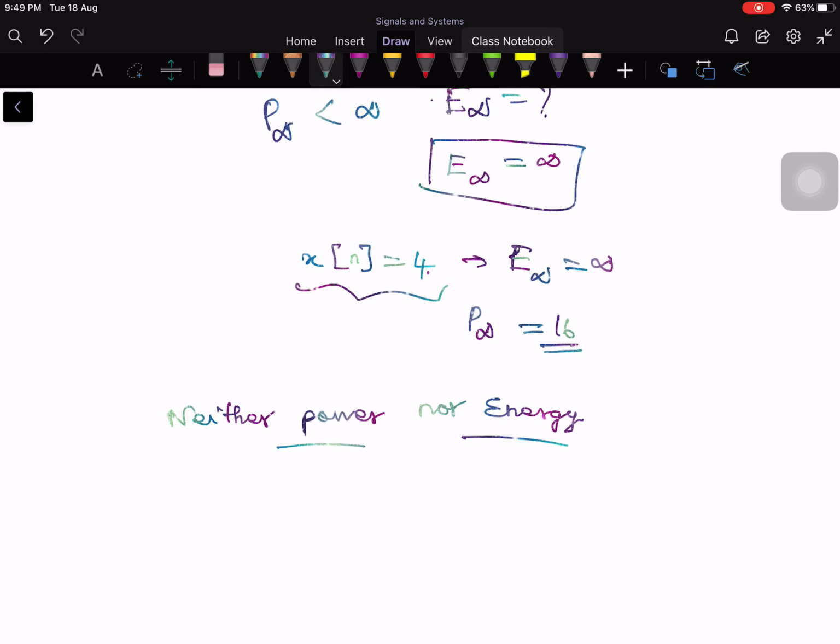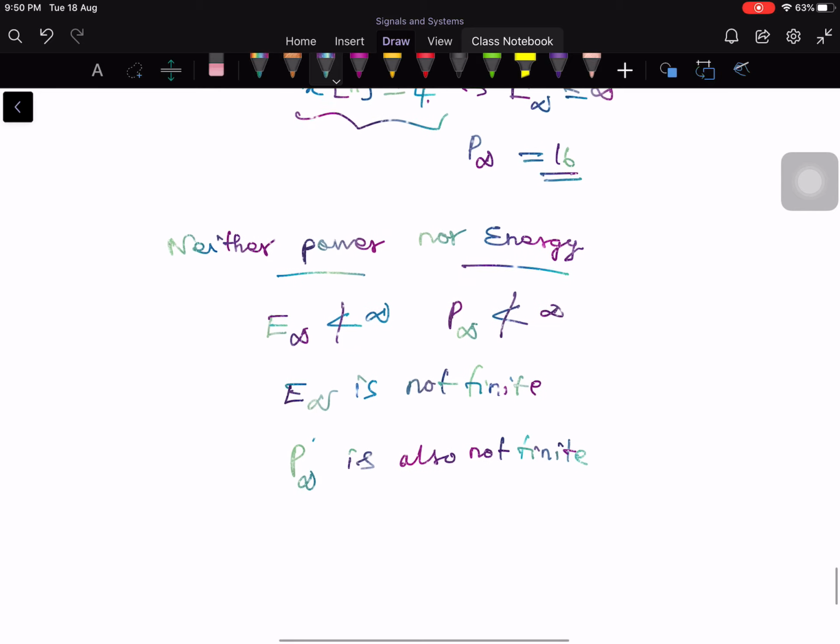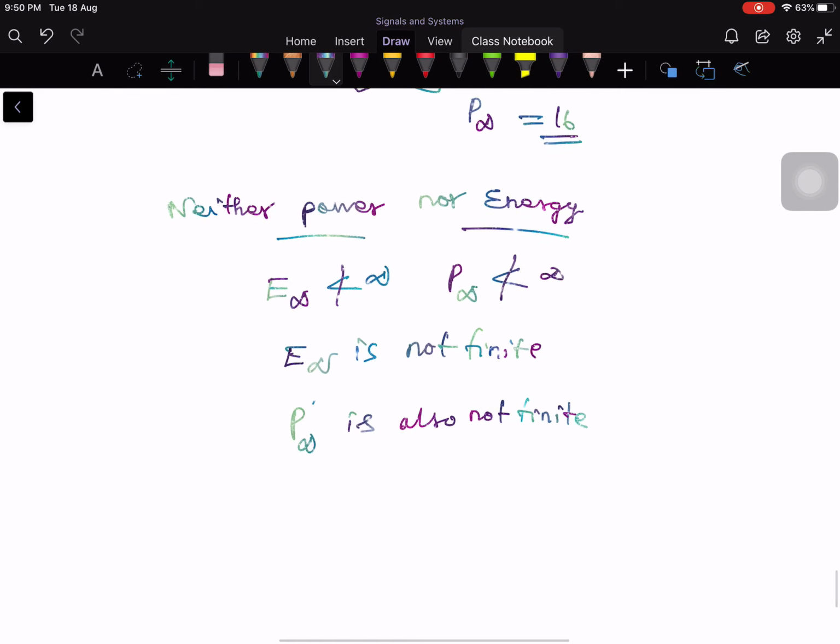But neither power nor energy means E infinity is not finite and P infinity is not less than infinity. If E infinity is not finite, then P infinity is also not finite. Then such signals are called neither power nor energy signals.